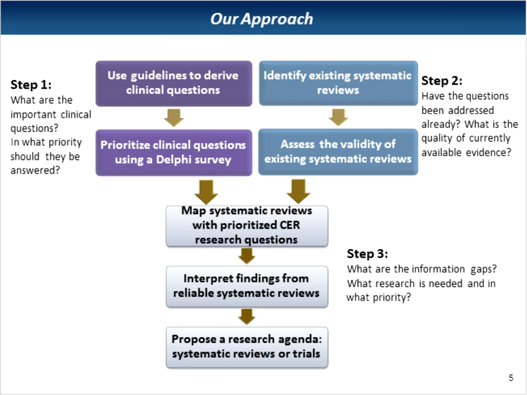Our approach, using a combination of practice guidelines and systematic reviews, has the following 3 steps. In step 1, we want to address the question, what are the important clinical questions and in what priority should they be answered? In order to get a list of important clinical questions, we use practice guidelines.